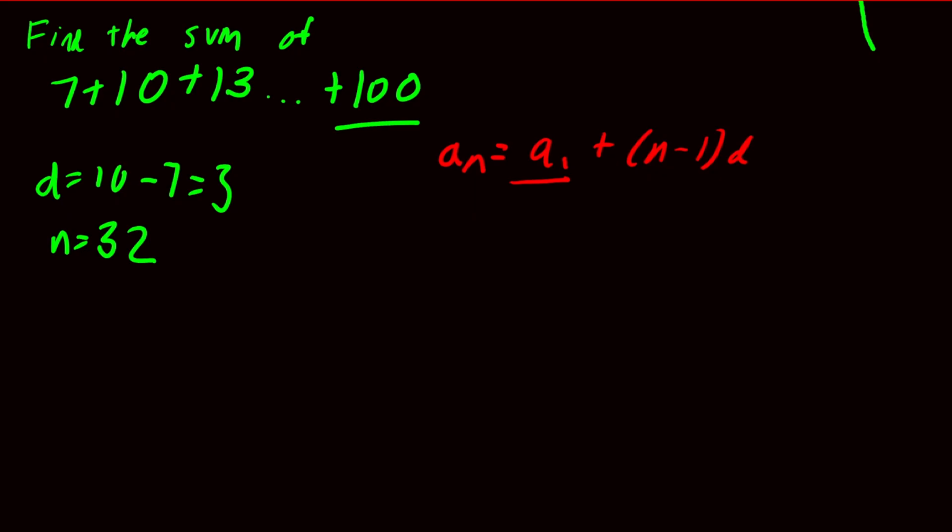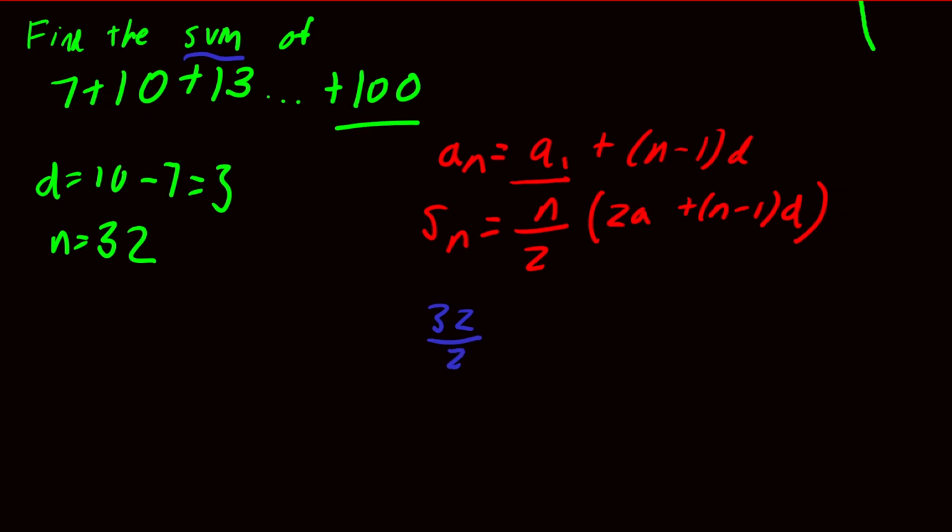We can use our last equation that we had in the last problem. So it was n over 2 times 2a plus n minus 1 d. So now that we know what n is, we can just plug everything back in. So n, I'm going to use blue. So the sum, right? We're finding the sum. The sum is n is 32 over 2 times 2 a.